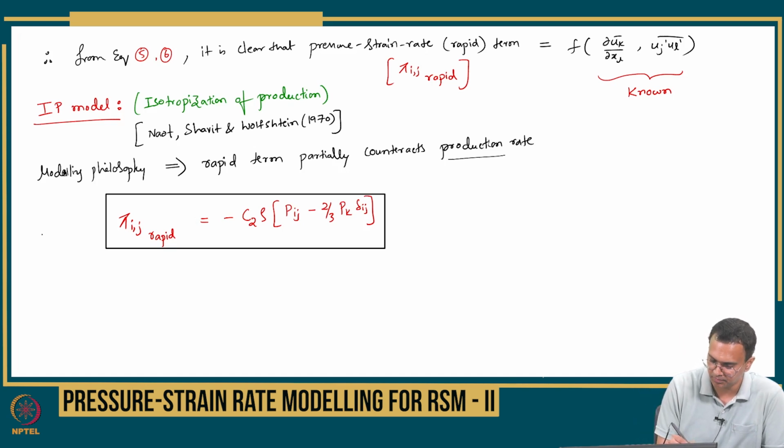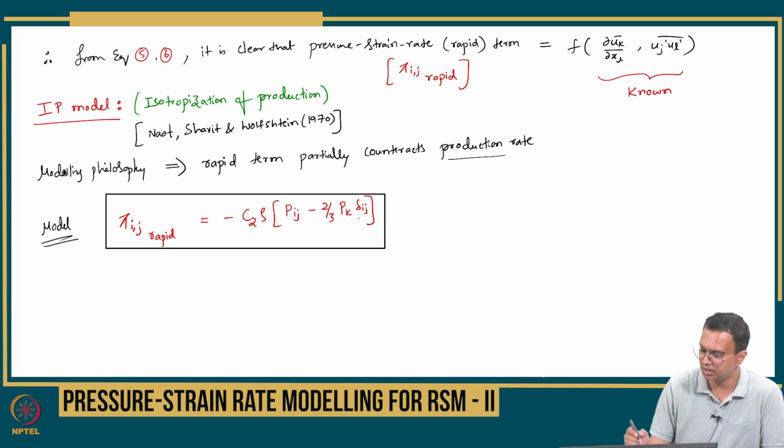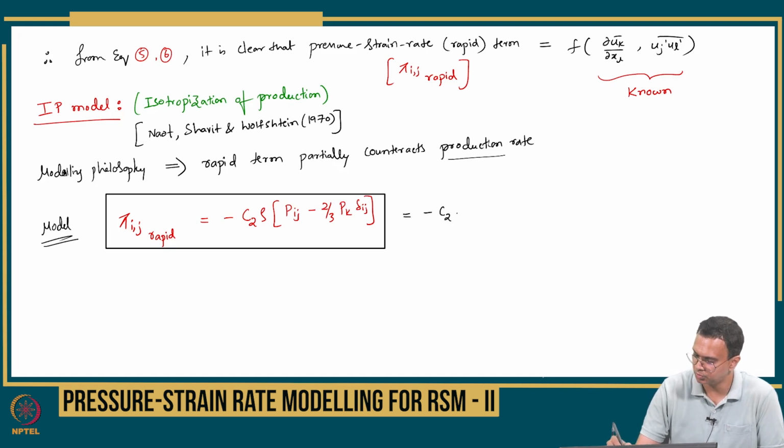This is the model term, and this may look a little strange. Why is the production rate coming? But if we expand it, we will get back to the original part, which is minus C2 rho of what is Pij?